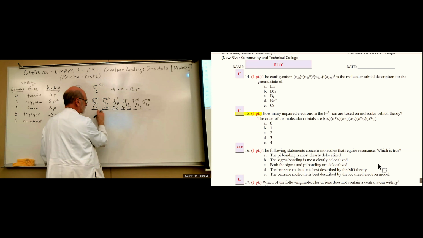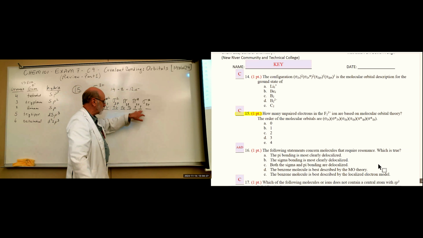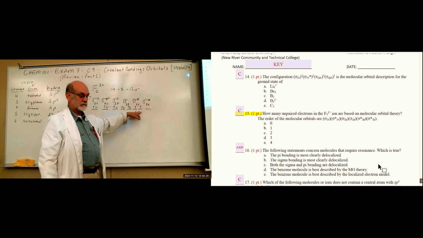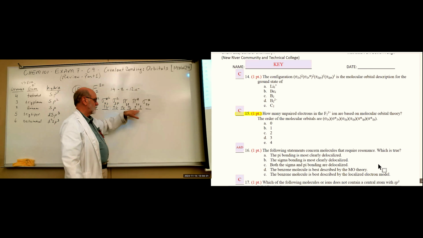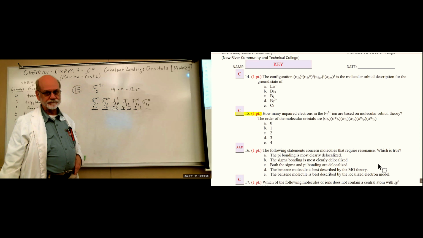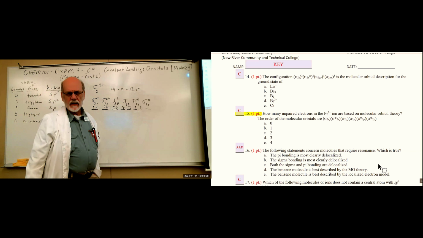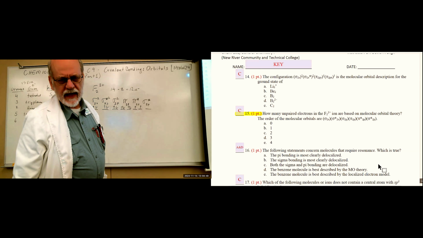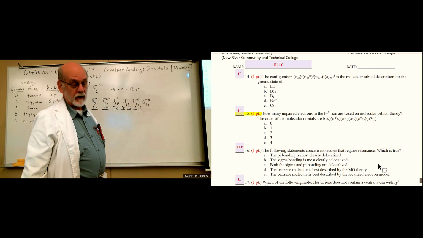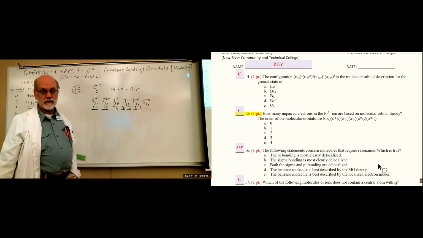But 2, 4, 6, 8, 10, 12. These would be unpaired because of Hund's rule. Okay, so how many unpaired electrons? There are 2 unpaired electrons.